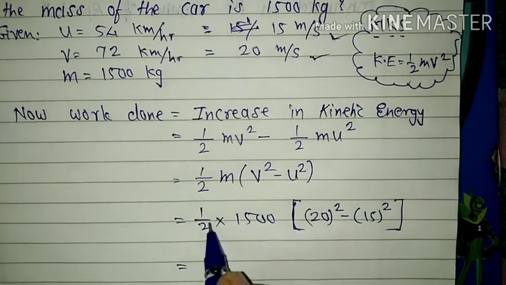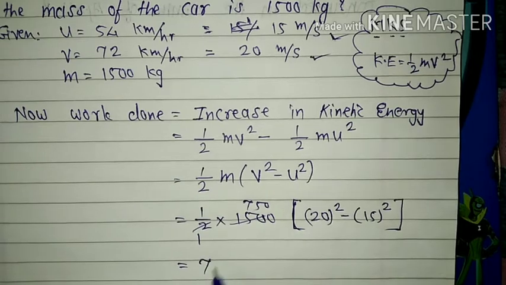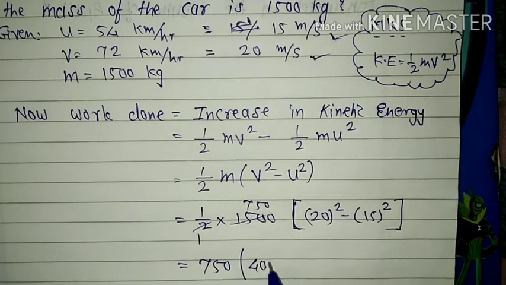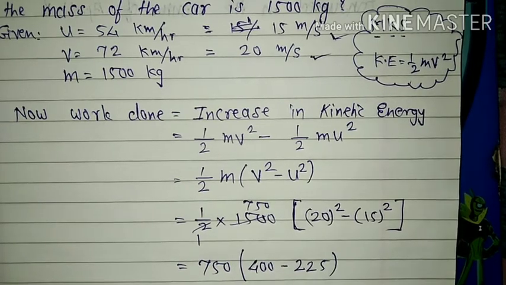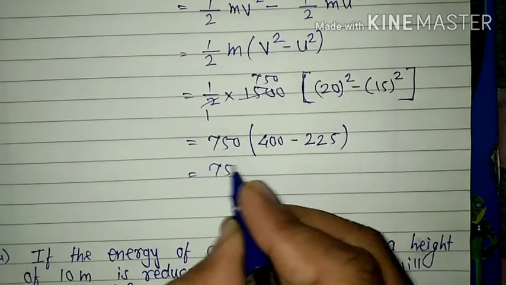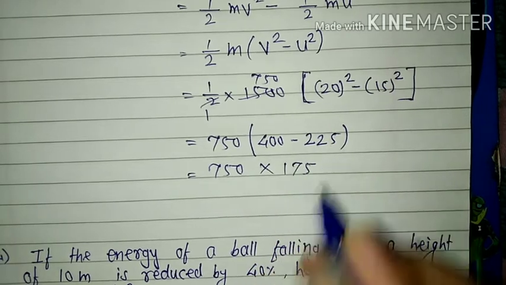So is equal to 2 ones are 2, 750 in bracket 400 minus 225. Okay, so that means we can write 750 into it is 175.